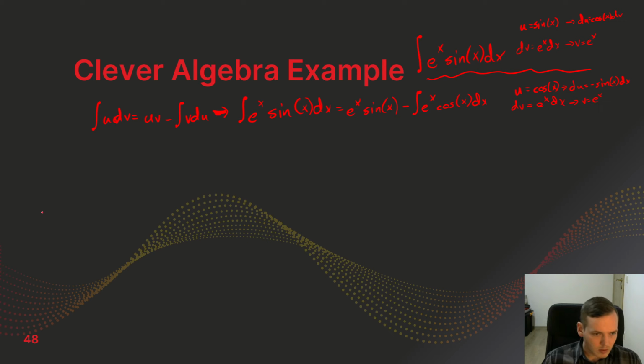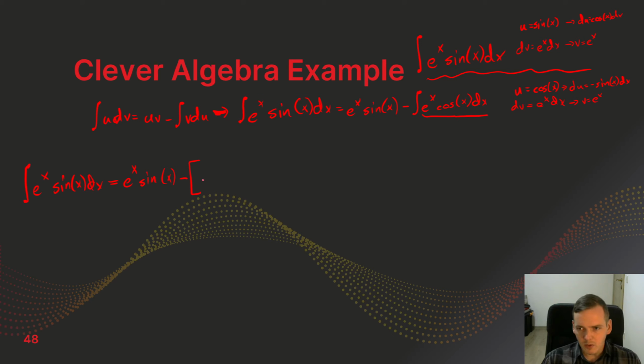So now what we have is, again, the integral of e to the x sine of x dx, our original expression, and then we used integration by parts to get e to the x sine of x minus, and now this is the bit that we're going to use integration by parts on again right here.